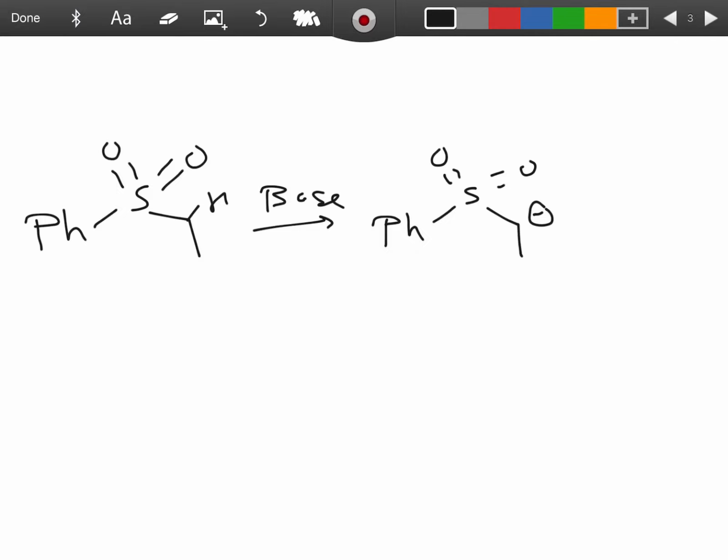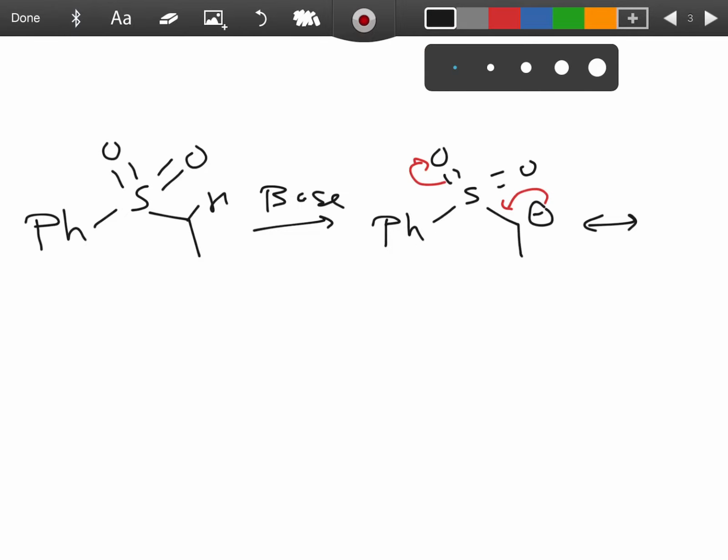All right, now I've made an anion. This is kind of like an enolate, where you could draw a resonance structure where these electrons would come up here onto the oxygen.